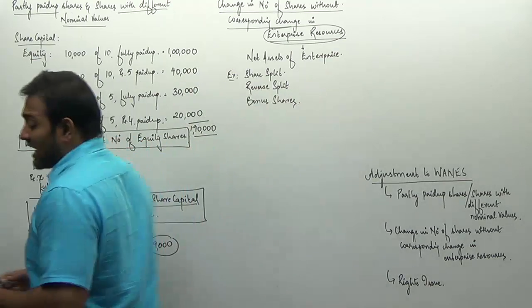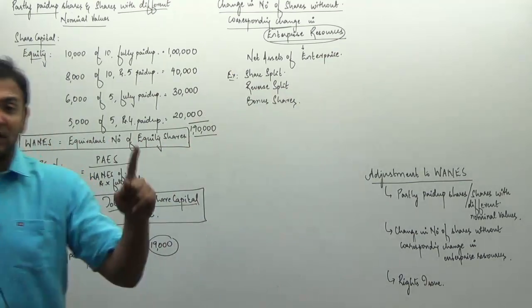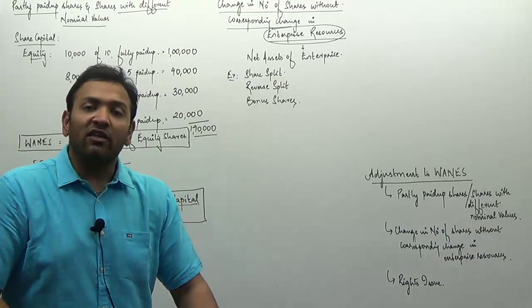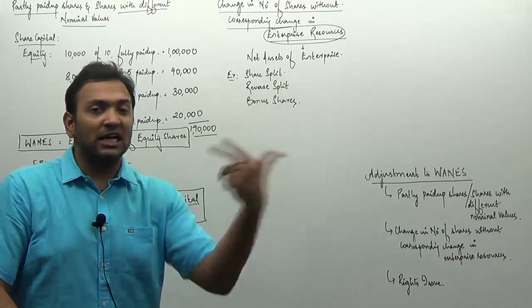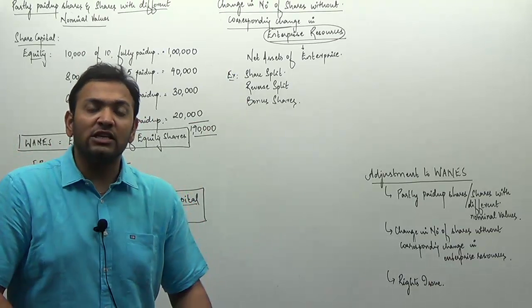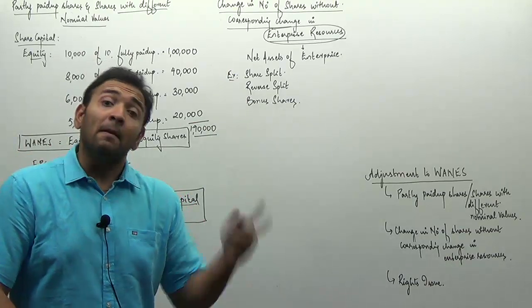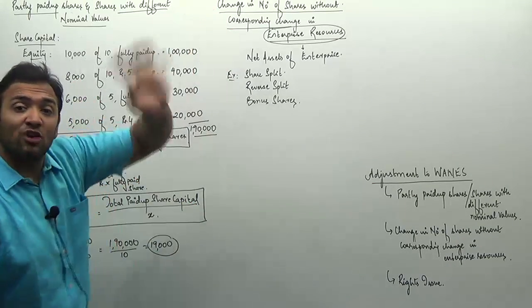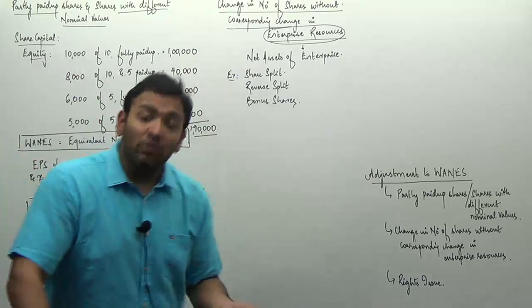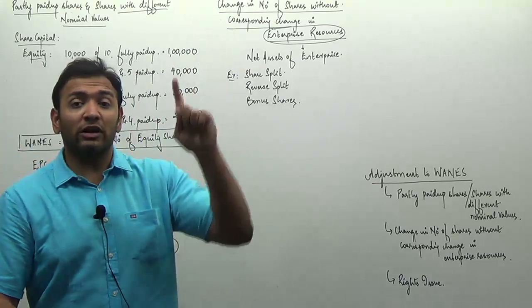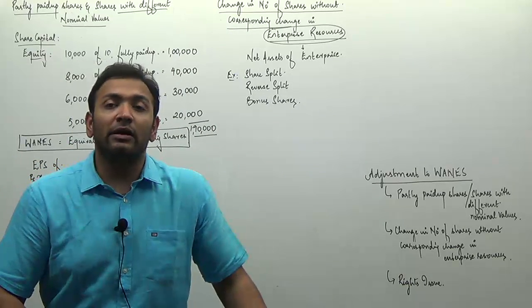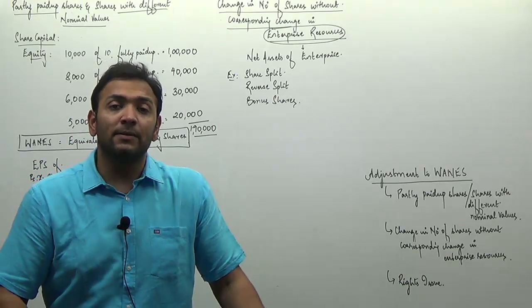Share split: for every 1 10 rupee share, I'll give you 5 2 rupee shares. Instead of having 1 10 rupee share, I'll give you 5 2 rupee share. There's no increase in your valuation, there's no increase in my share capital. But the number of shares changed. Only I'm talking about number of shares changed, not the share capital change. Because for 1 10 rupee share, I am giving you 5 2 rupee shares, obviously your number of equity shares will increase.